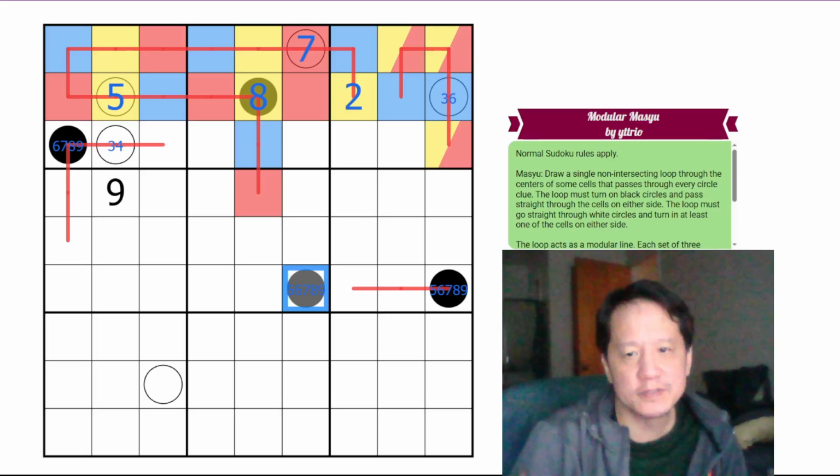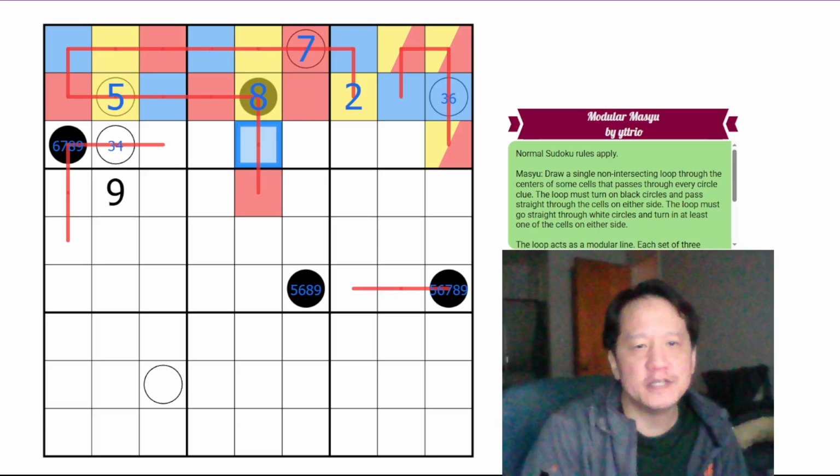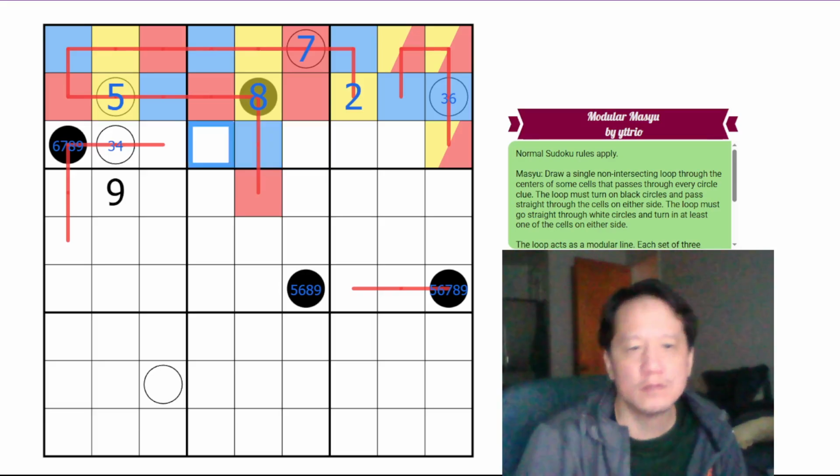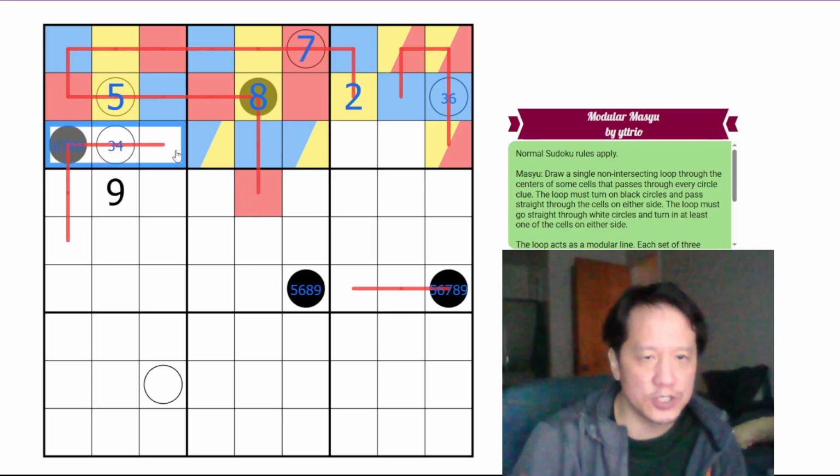This can't be 7 because of 7 in the column. The remaining digits here are blue and yellow. So we have blue and yellow here. This can't be blue. This is one of each here.